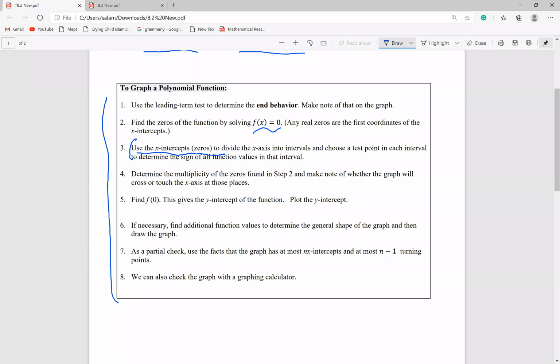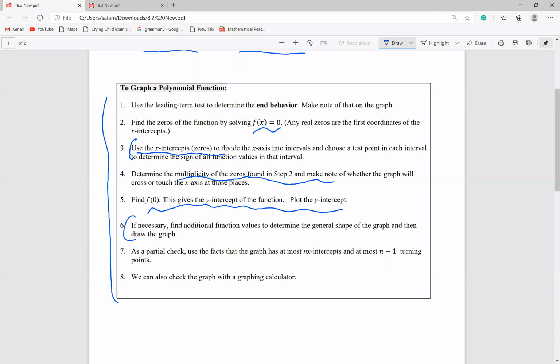Then also we can determine the multiplicity of the zeros found in step 2 and make note of whether the graph crosses or touches the x-axis at those places. We can also find f of 0, and that will give us our y-intercept. If necessary, and you don't have to do this, you can find additional function values to determine the general shape of the graph and then draw the graph.